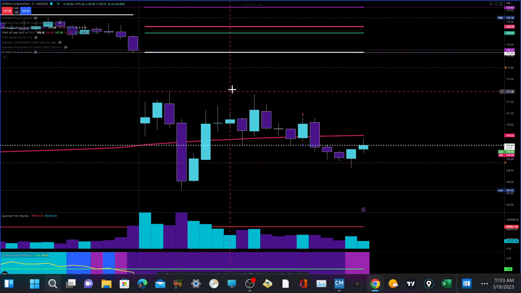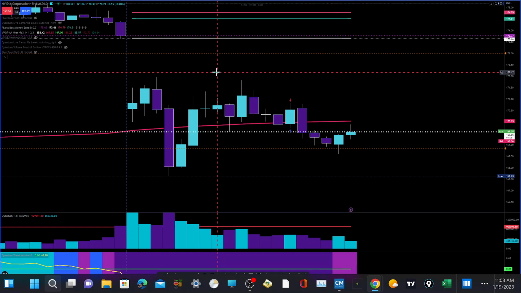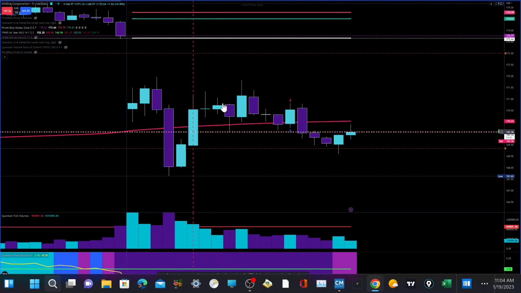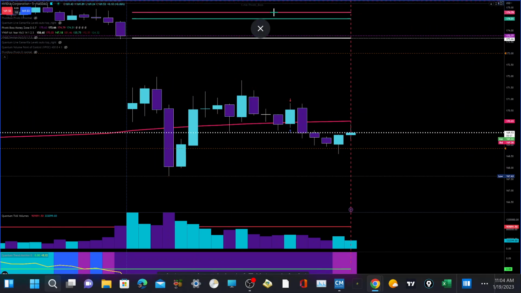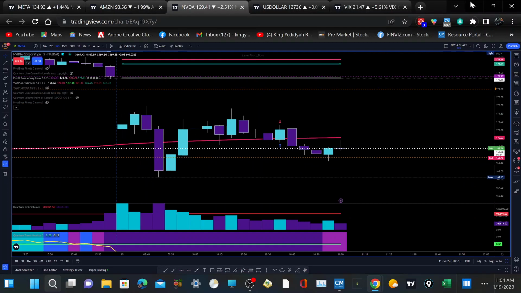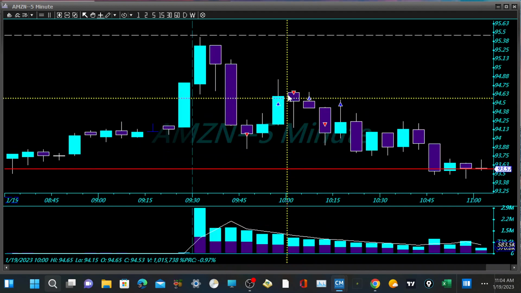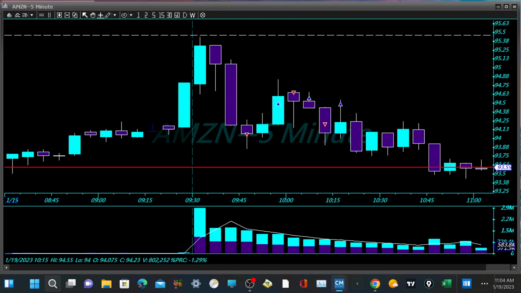I wasn't looking at NVIDIA at the open. I think I was trading Meta, then I went to Amazon and had this double top here. Let's see, I don't know what time it is because this taskbar keeps blocking this. Let me go to NVDA.